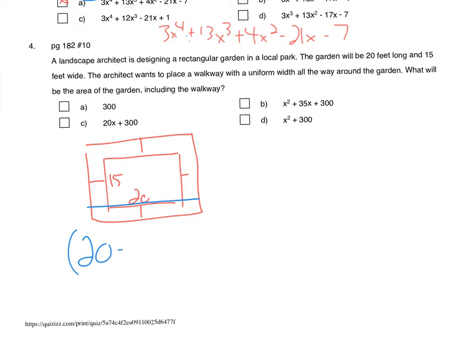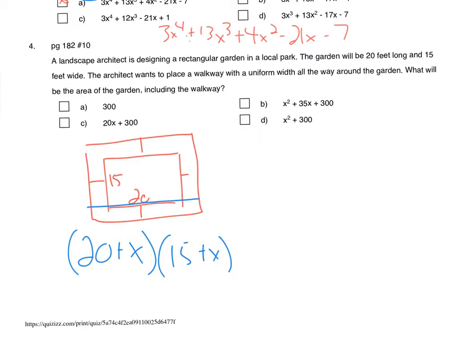And do we know how big that walkway is? We know the garden is 20, so what is the walkway? So if we don't know, what do we call it? Yeah, in math, if we don't know a measurement, a distance, a number, we call it a variable. In this case, we can use x. And then our other side is going to be 15 plus x as well.